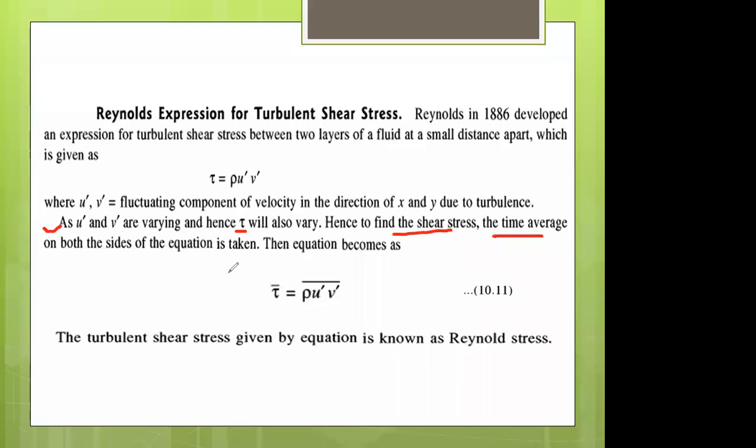Then the equation becomes tau bar is equal to rho u dash v dash bar.